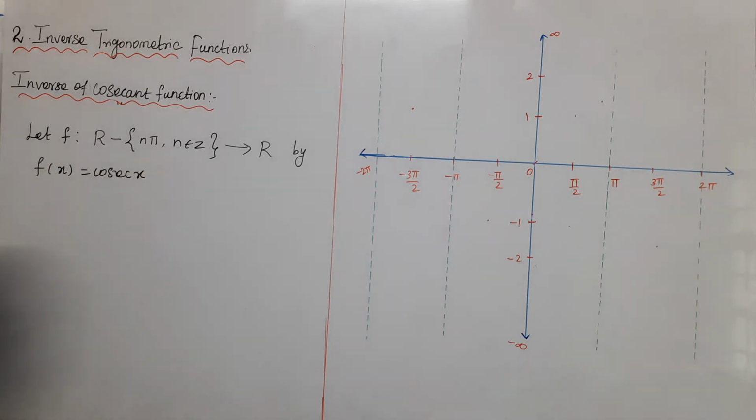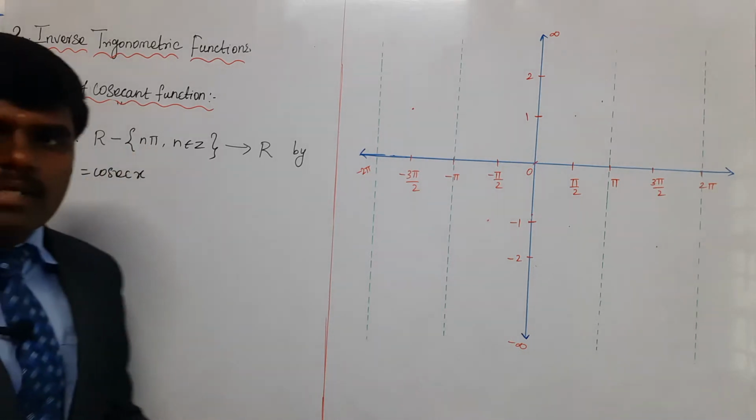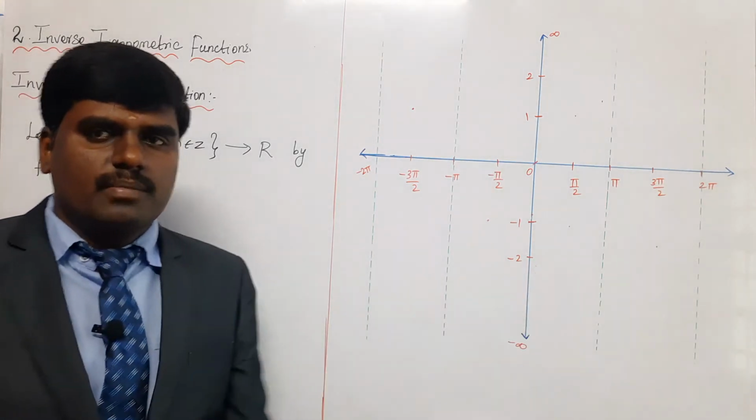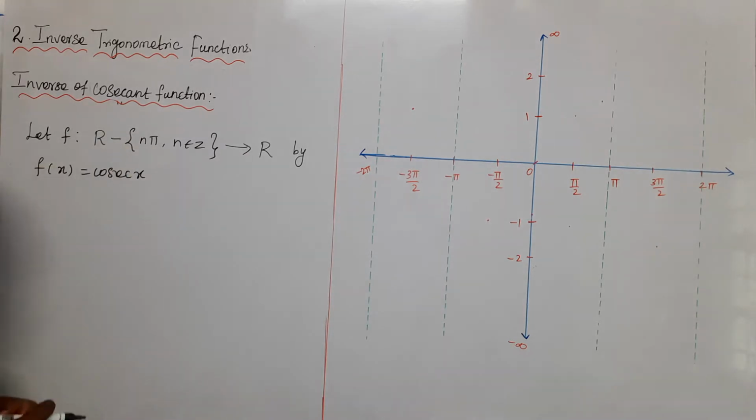I choose this domain because the cosecant function is not defined at n pi, meaning 0, pi, 2 pi, 3 pi, 4 pi up to n pi, where n belongs to the integers.